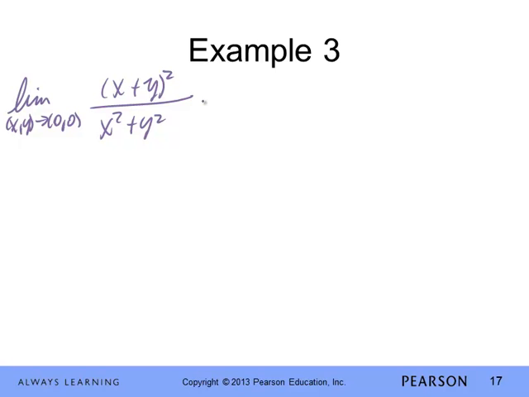Now, as you can see, you can't just plug in (0, 0) because you'll be dividing by 0, and that's no good. But also you cannot really manipulate that algebraic function in a way that you'll get an equivalent function that will cooperate.